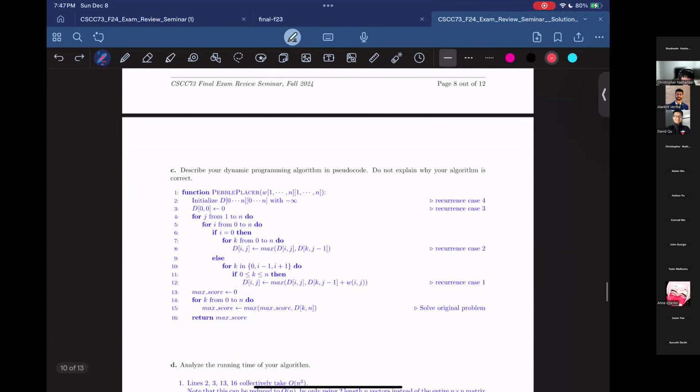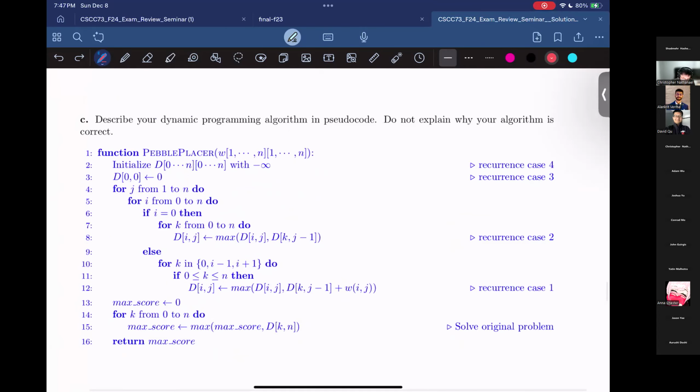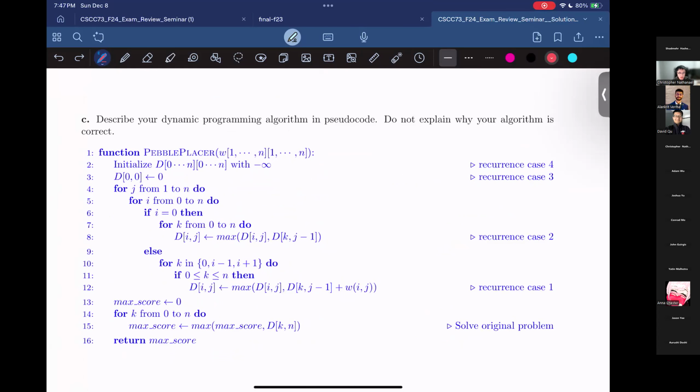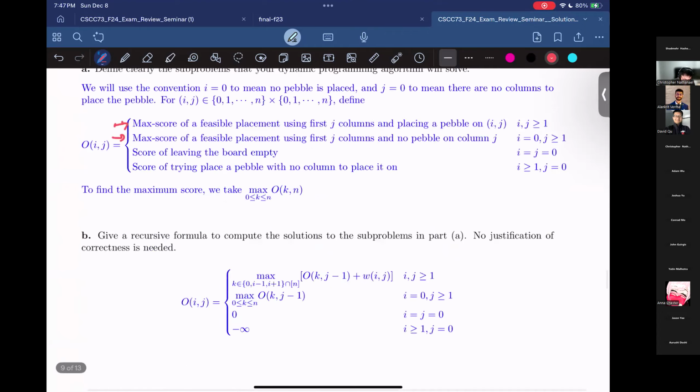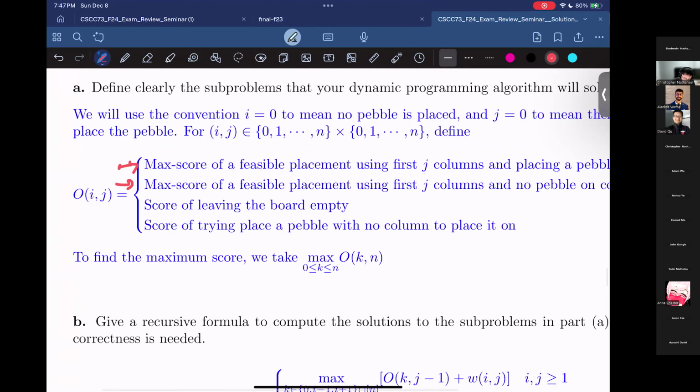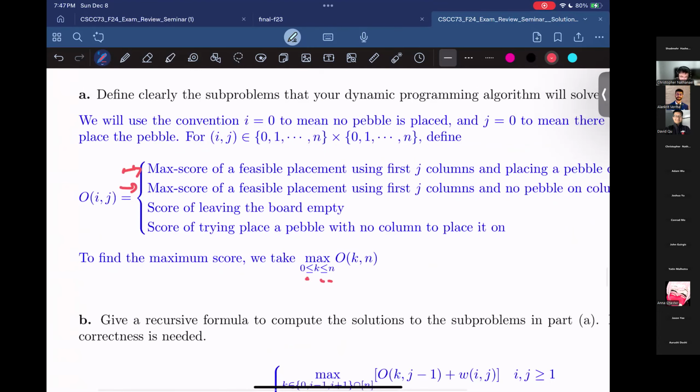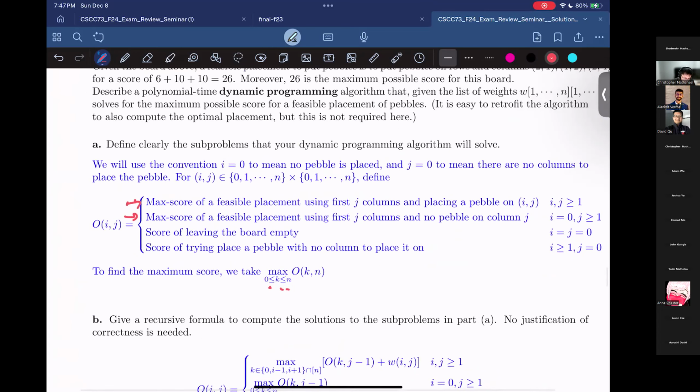So for the algorithm, we just need to do memoization correctly. And in the end, to solve the original problem, we iterate through each column. Oh, sorry.